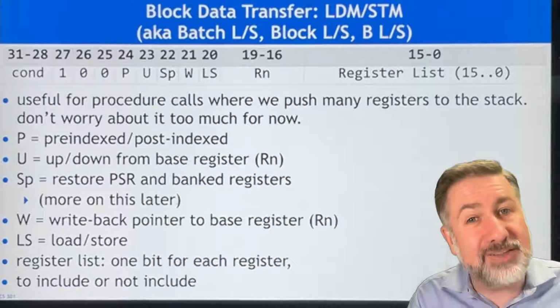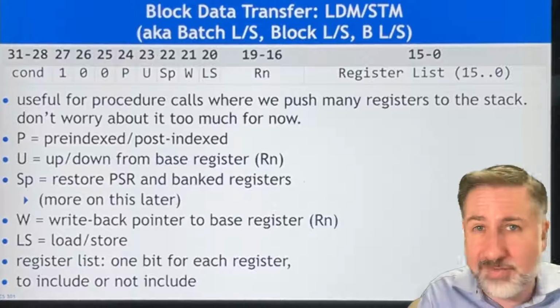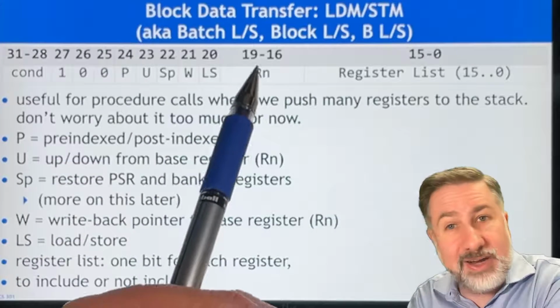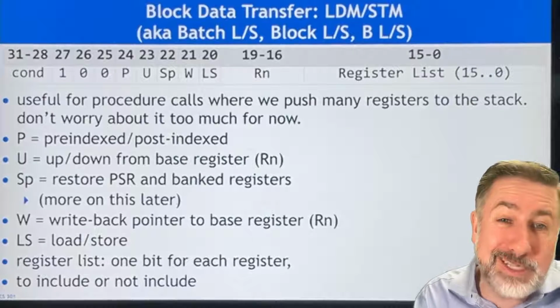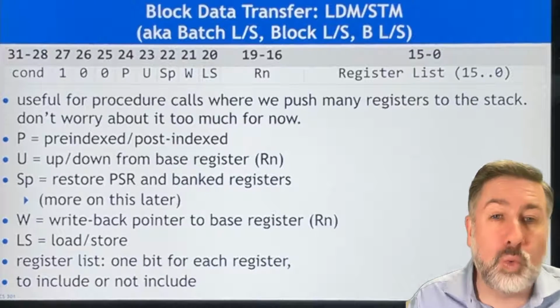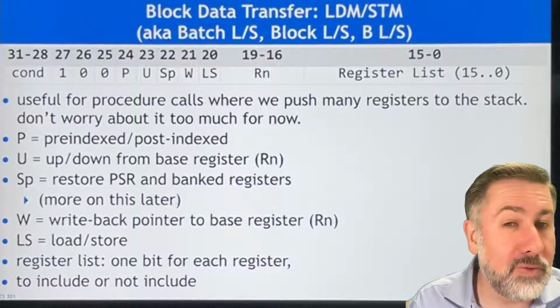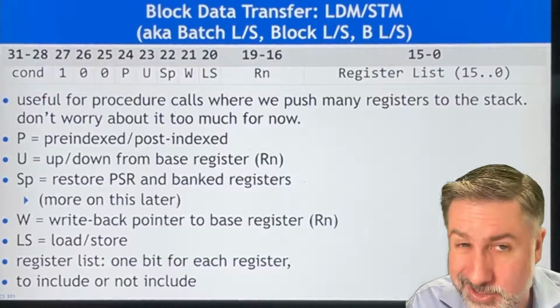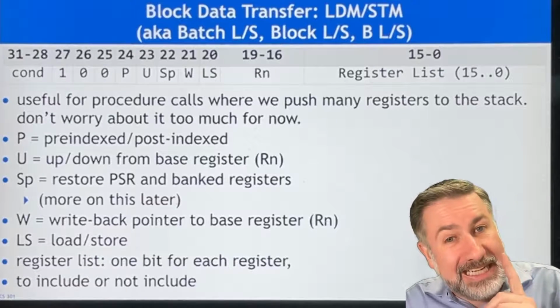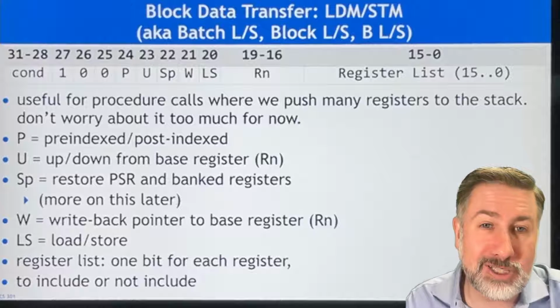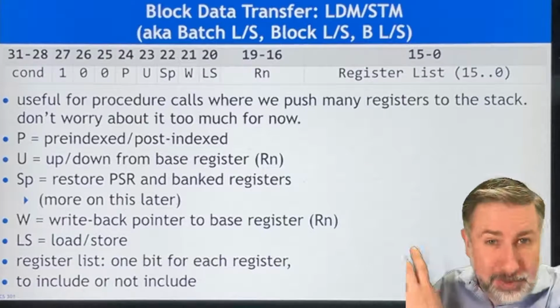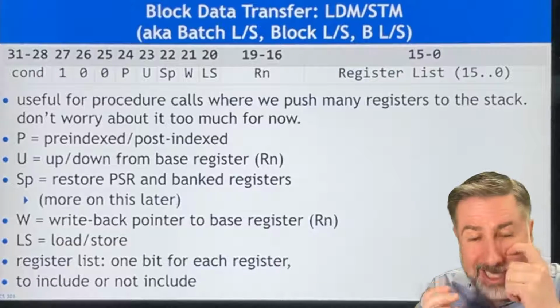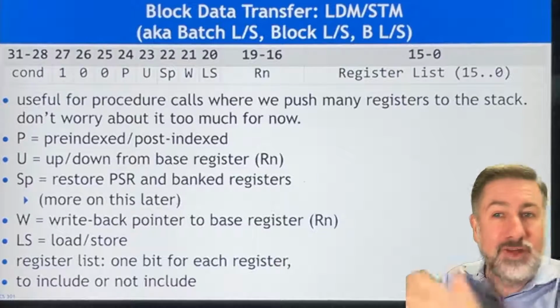And then instead of specifying a register and an offset, what we do is we specify an address, RN, and then we take 16 bits. Each bit is a 1 or a 0, depending on whether we want to store or not store that register. So that's a one-to-one list of every register in our register file, whether we're going to take that whole register stack and put it in memory, or whether we're going to retrieve it from memory.